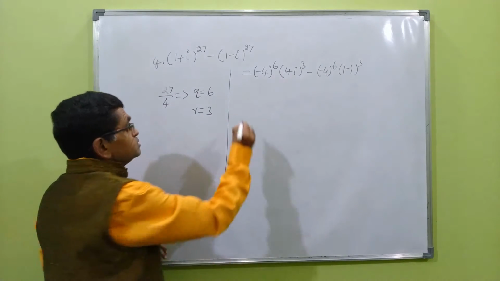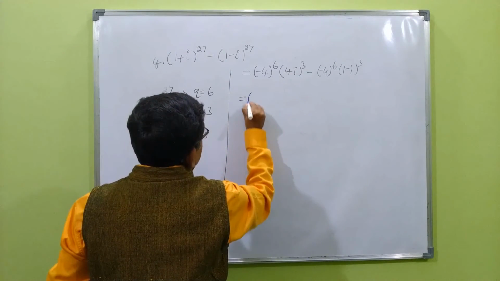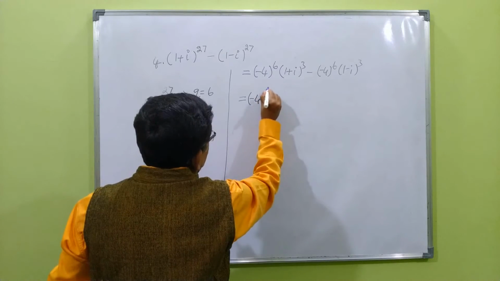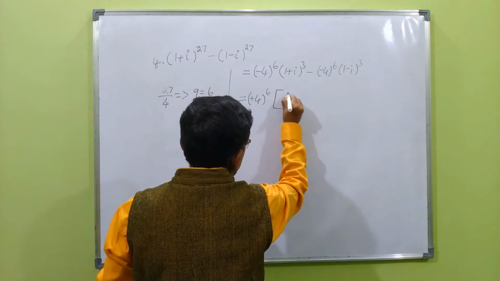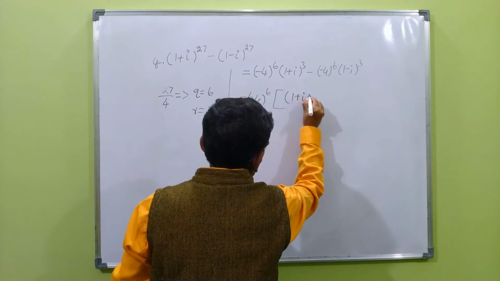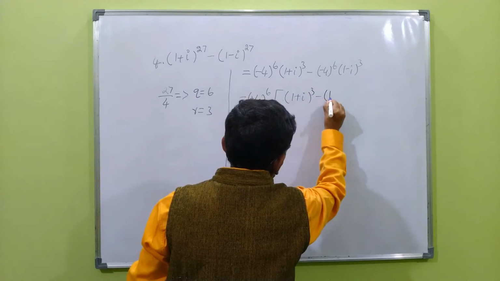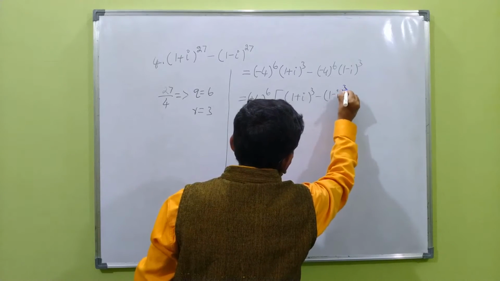Now you have to simplify this. So minus 4 raised to 6, or plus 4 raised to 6, into bracket (1 plus i) whole cube minus (1 minus i) whole cube.